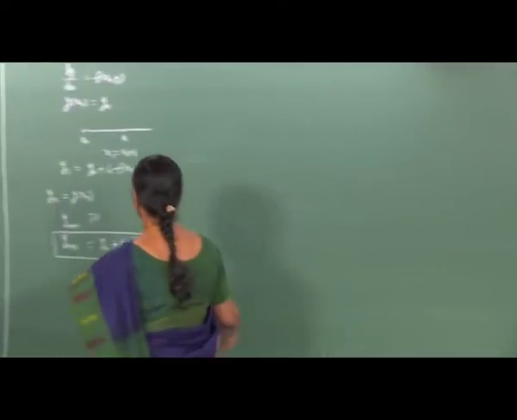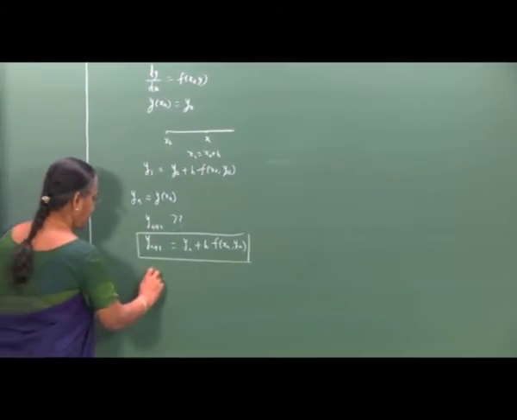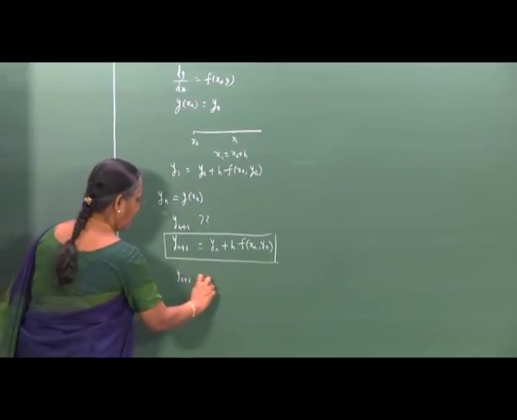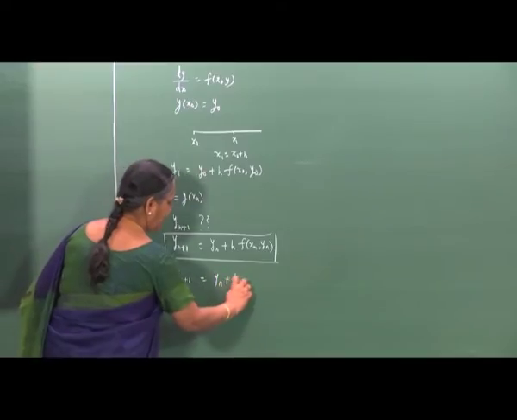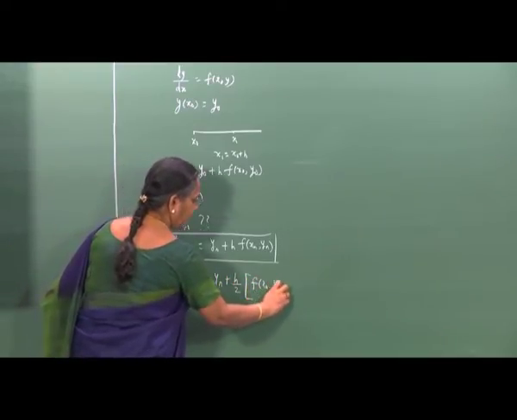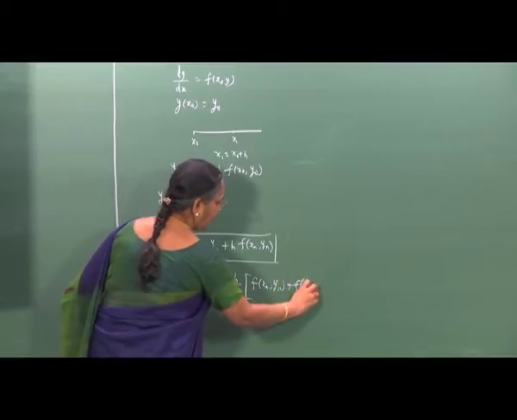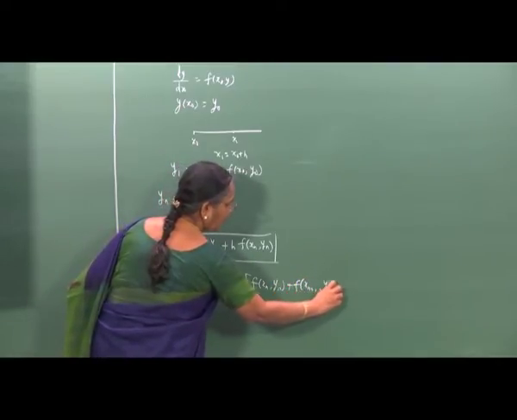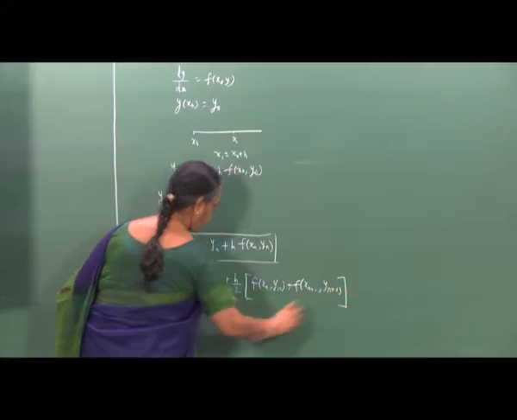And so, we obtained modified Euler's method given by yn plus 1 equal to yn plus h by 2 into f of xn yn plus f of xn plus 1 comma yn plus 1.